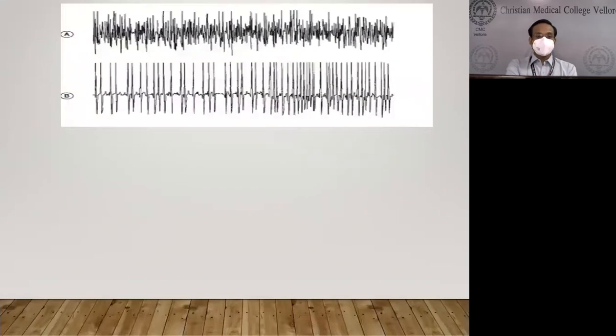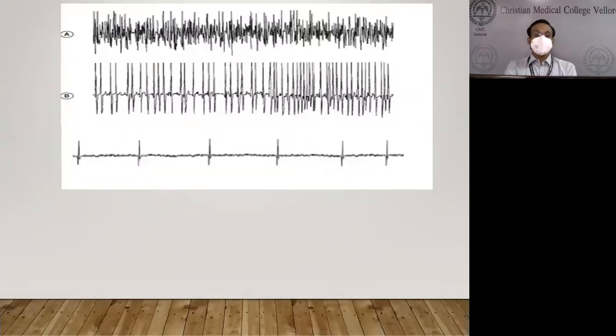Also, a brief note on the recruitment pattern. This is the normal recruitment pattern, the maximal firing that we see when you're recruiting muscles. This is what you see with neurogenic recruitment: it is picket fence like, with reduced recruitment. In patients where spasticity is the most dominant form, we see this reduced recruitment, which is because of reduced activation from the pyramidal system.